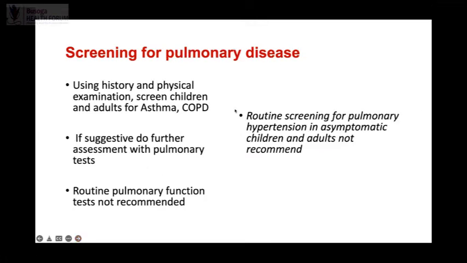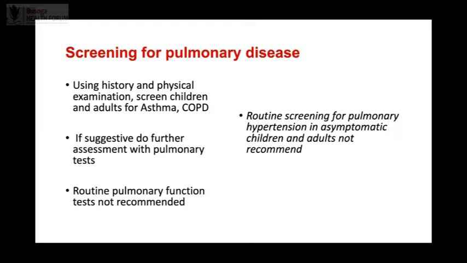Then pulmonary disease. Pulmonary hypertension is also a leading cause of mortality, especially in adults with sickle cell disease, so you need to screen for it early. It also begins early in life, but peaks in adolescence and then in early adulthood. It is not routinely recommended to screen for pulmonary hypertension by doing echoes in asymptomatic adults or children.